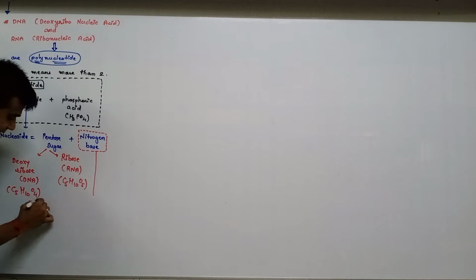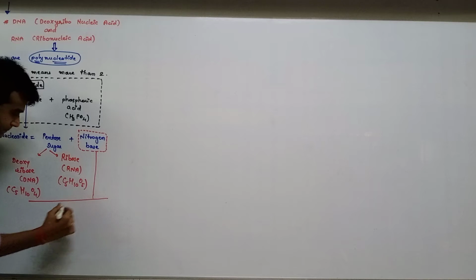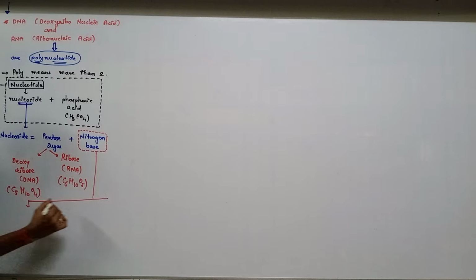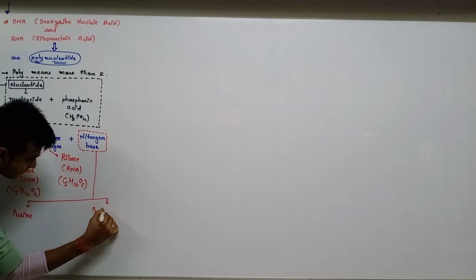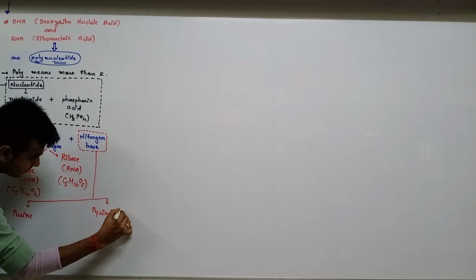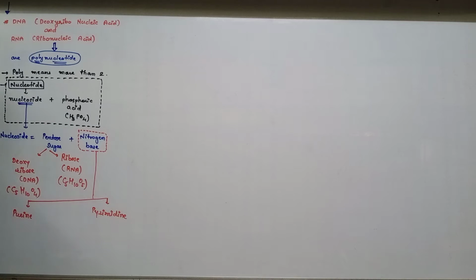Nitrogen bases are divided into two parts: purine and pyrimidine. Purine consists of adenine and guanine.